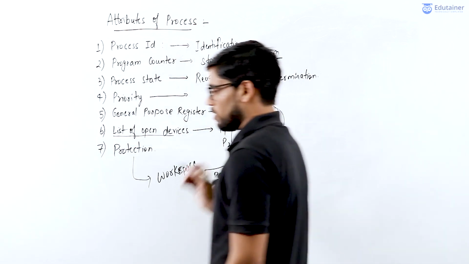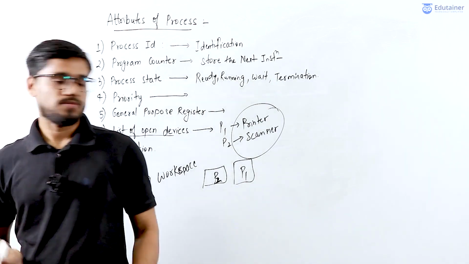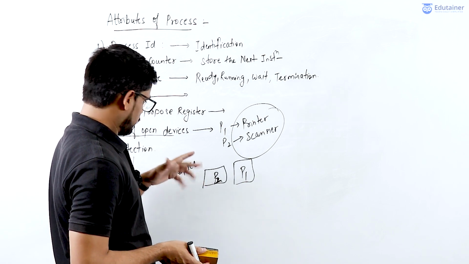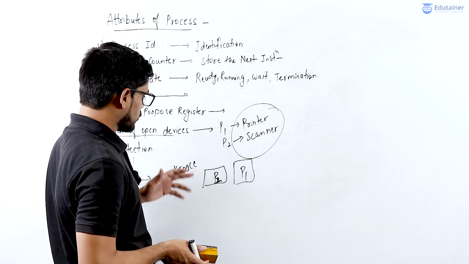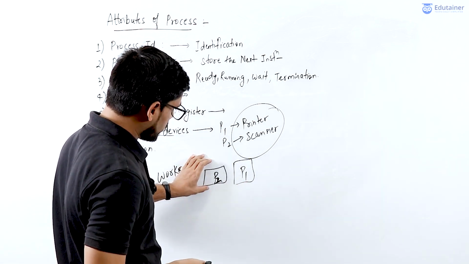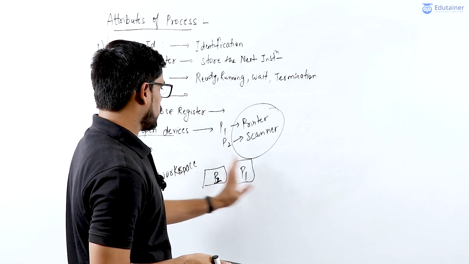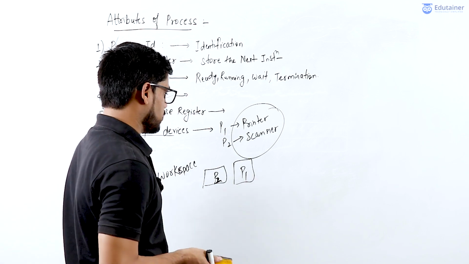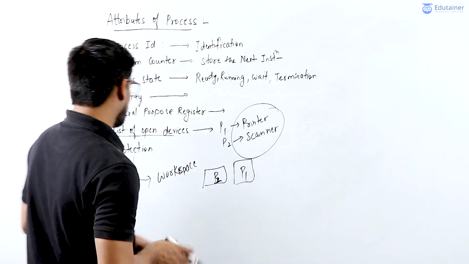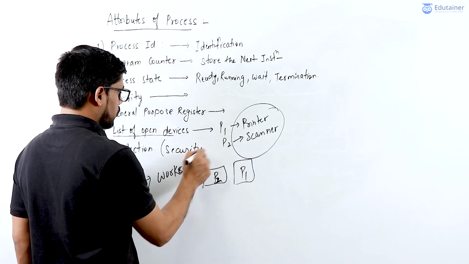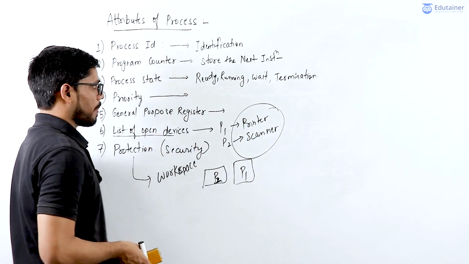They do not interfere with each other's workspace. Every process has its own workspace, and it will use only its own workspace, not the other process's workspace. So it is mainly concerned with security, or safety of the process.